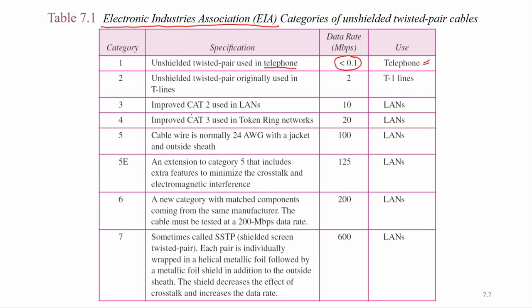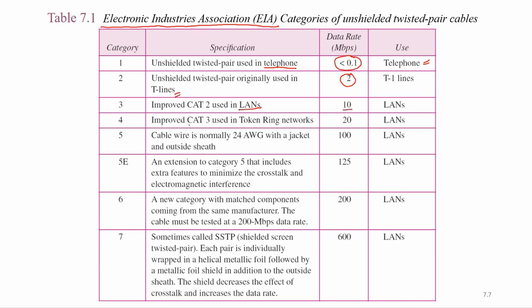Similarly, other categories have different uses in different applications based on their specification. Category 2 is unshielded twisted pair originally used in T lines, the transmission lines. It has a data rate of 2 Mbps. Similarly, an improvement on category 2, that is category 3, is used in lines with a speed of 10 Mbps.